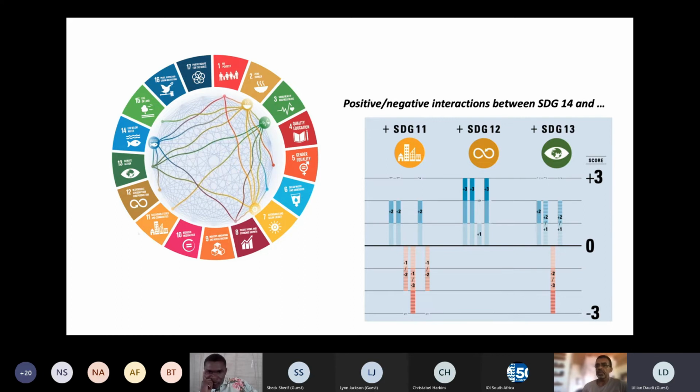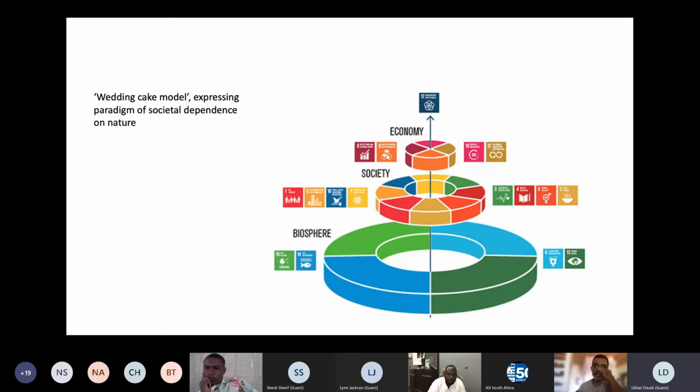But again, this perspective is also very atomized. It's very hard to consider. There's 17 goals. I think overall there are 169 targets spread across the 17 of them. How do you look at 169 targets interacting with each other? And that's a mathematical nightmare, let alone when it comes down to planning.